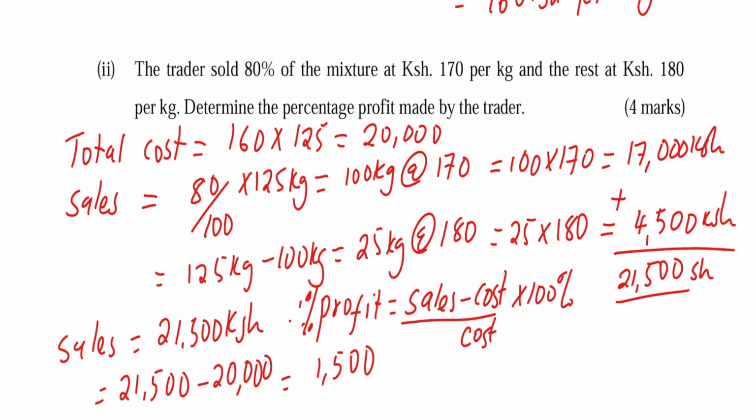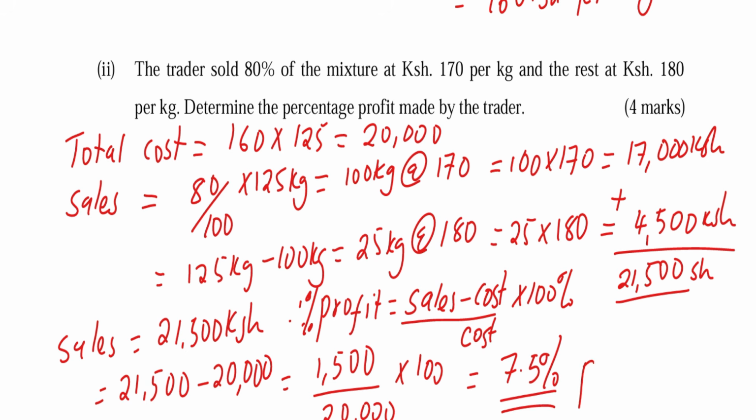So here you will take 1,500 divided by your cost, which is 20,000, multiplied by 100. And let's see how much it gives us. So 1,500 divided by 20,000, our original price, and then multiplied by 100, gives us 7.5% profit. Very little, but we'll manage. So this is your profit. I think that is easy.